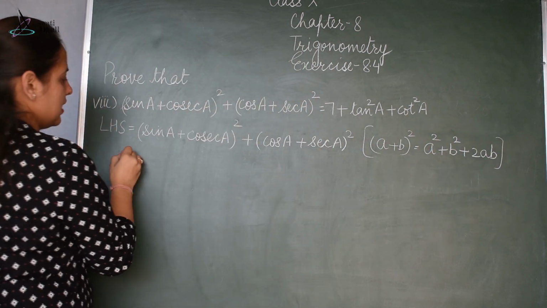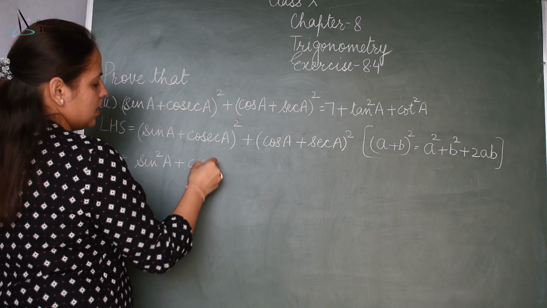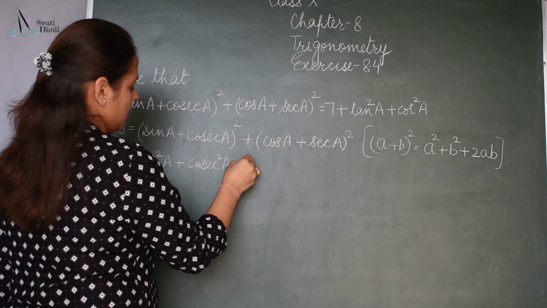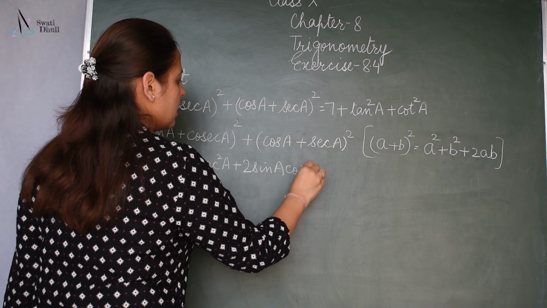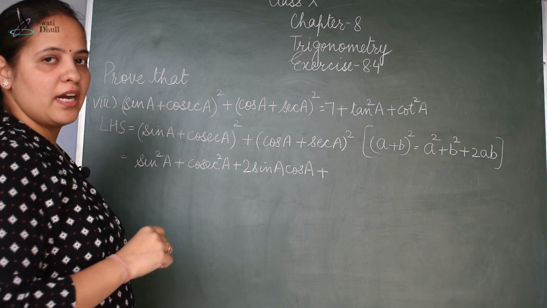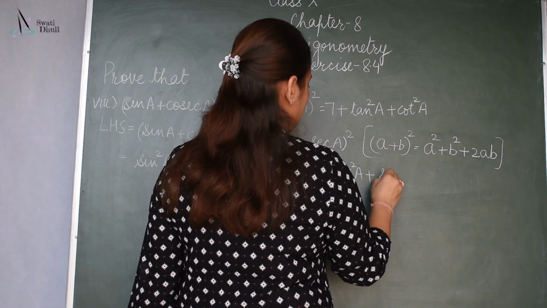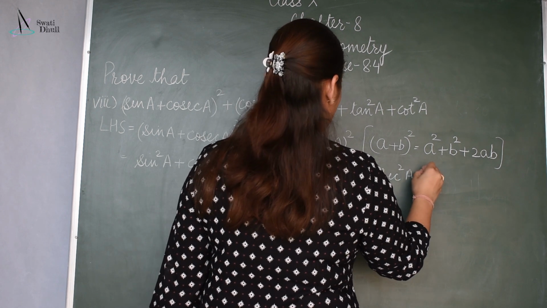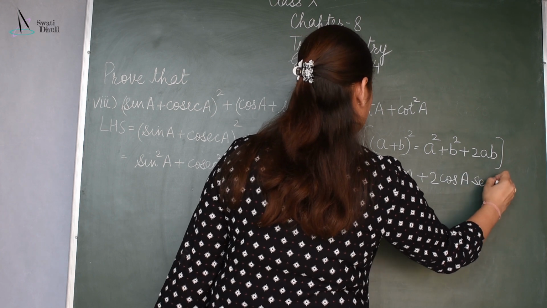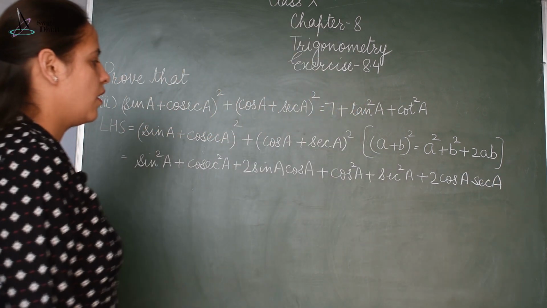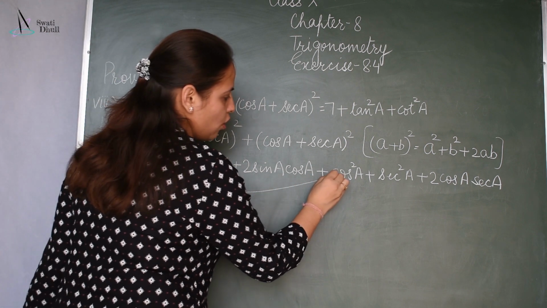So this is sin square A plus cosecant square A plus 2 sin A cosecant A. Similarly, I can use this algebraic identity here also, that is cos square A plus secant square A plus 2 cos A secant A.